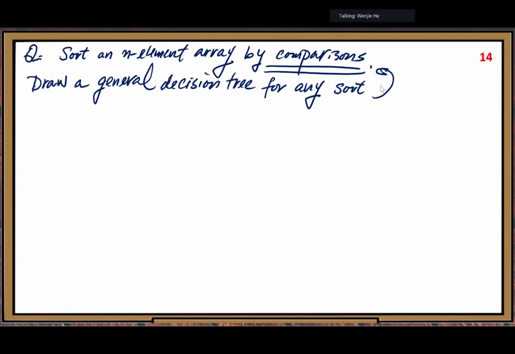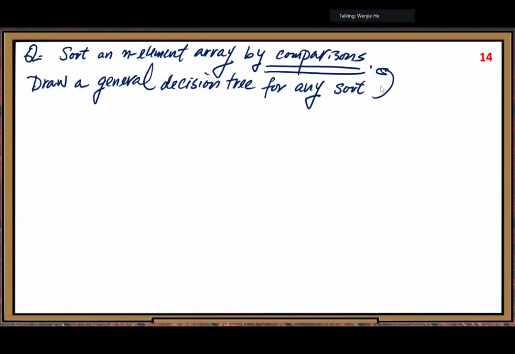If you can sort an element array, then using our decision tree method described in the previous screen, we can draw its corresponding decision tree. No problem, because we follow step by step.